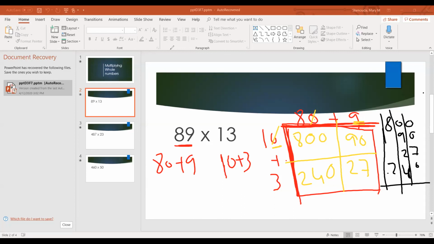So 0 plus 0 plus 7 plus 0 is just 7. 9 plus 2 is 11. 11 plus 4 is 15. That's 5, and they carry the 1. 1 plus 8 is 9. 9 plus 2 is 11. So your answer, like we said earlier, is 1,157.